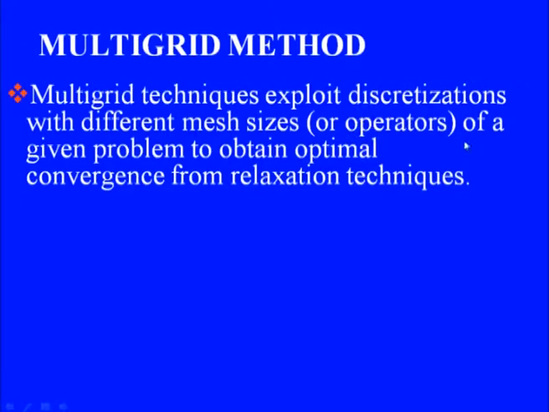Here by operators I mean these coarse grid operators, and these, when applied to a given problem, obtain optimal convergence based on relaxation techniques. Our relaxation techniques here are basically our simple iterative schemes or basic iterative schemes which we have seen earlier, our Jacobi or Gauss-Seidel methods. Those are referred to as relaxation techniques in the context of multigrid methods.